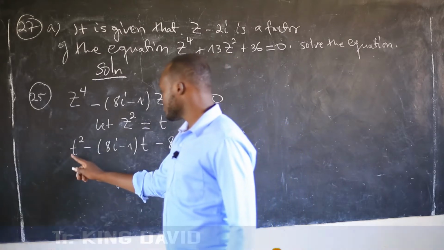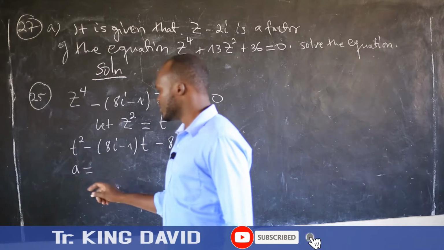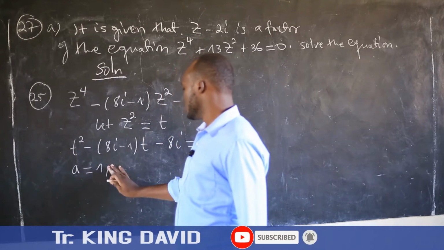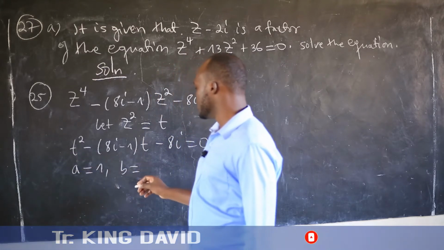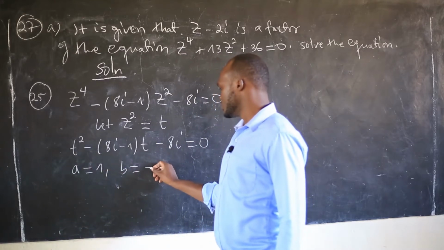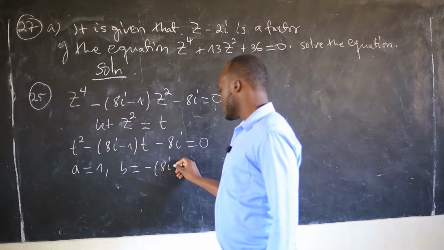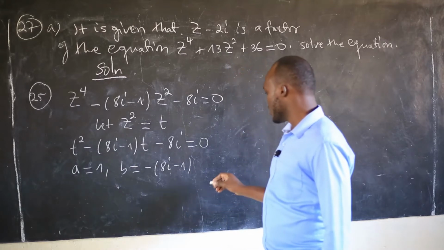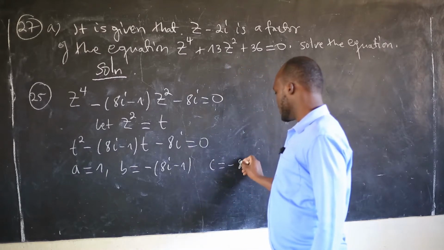Our A, the coefficient of T squared, is 1. B, the coefficient of T, is negative (8i minus 1). Then the constant C is negative 8i.